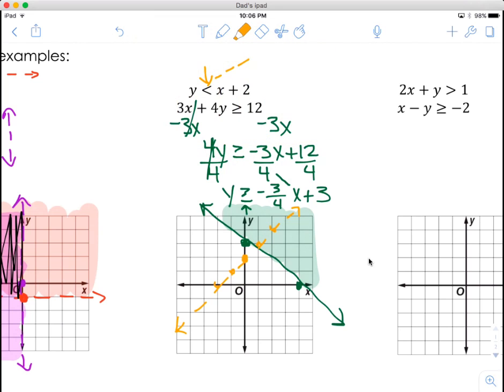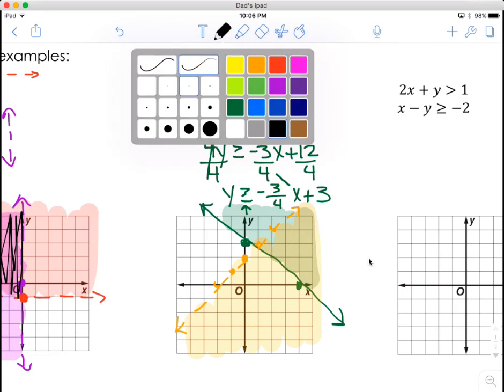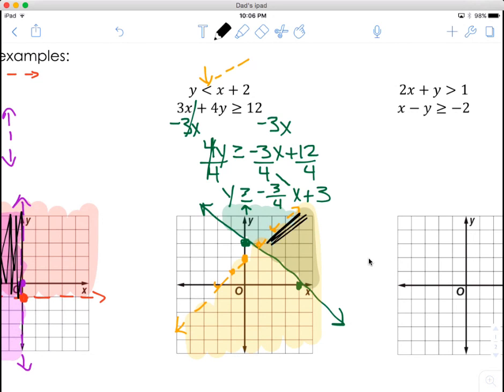And it's going to shade down. So we're talking about the overlap of the shaded areas where they are both shaded is right in here.